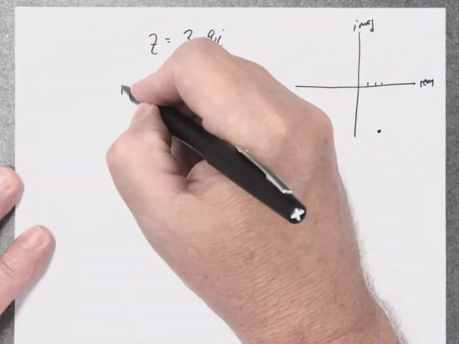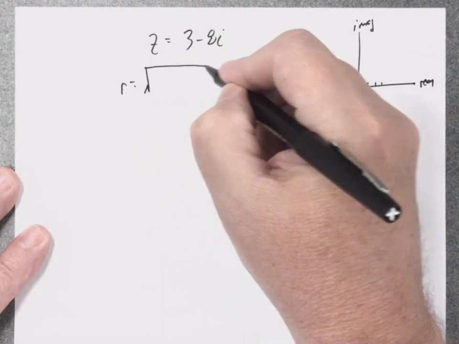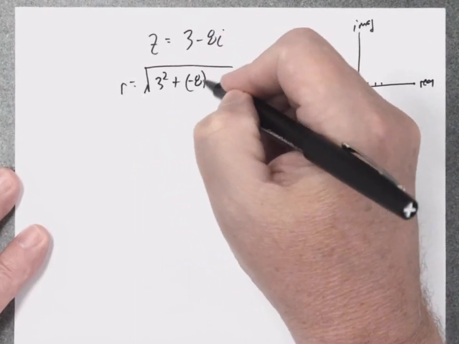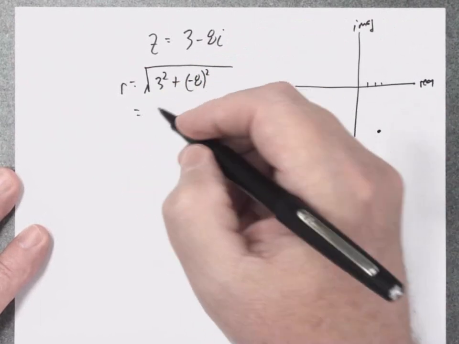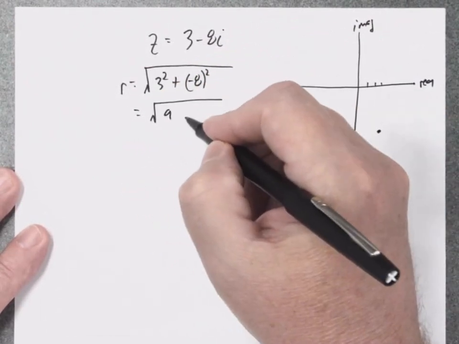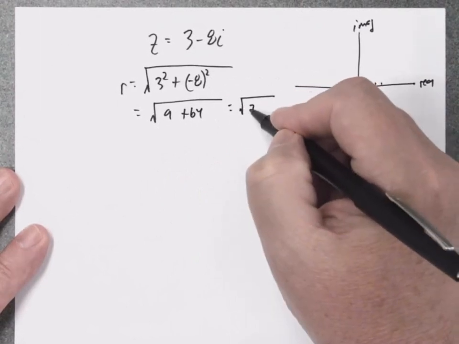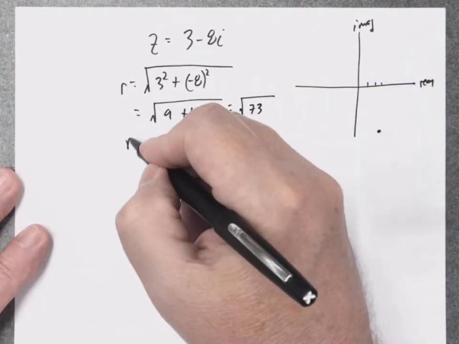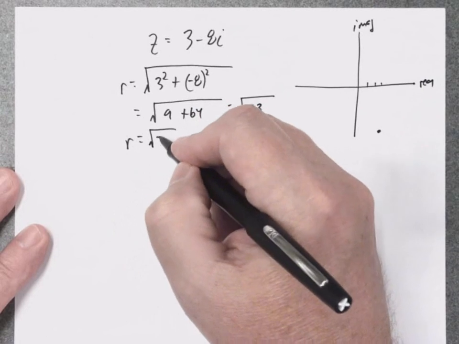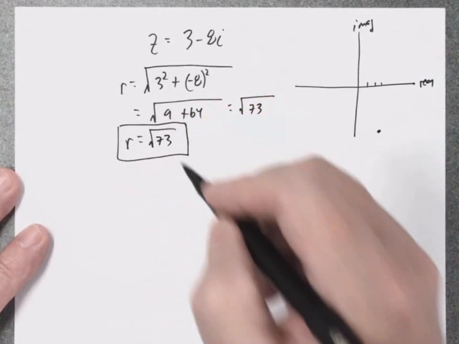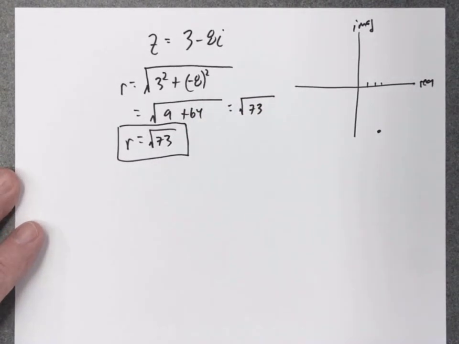So we need to find r: 3 squared plus negative 8 squared, 9 plus 64. That cannot be simplified. So since they want an exact number for r, the square root of 73 is going to be our r.